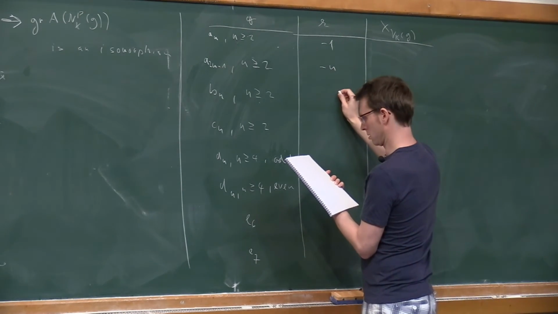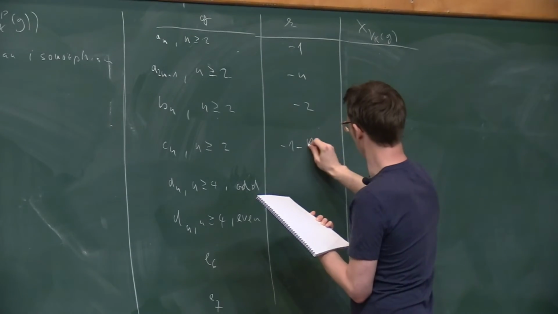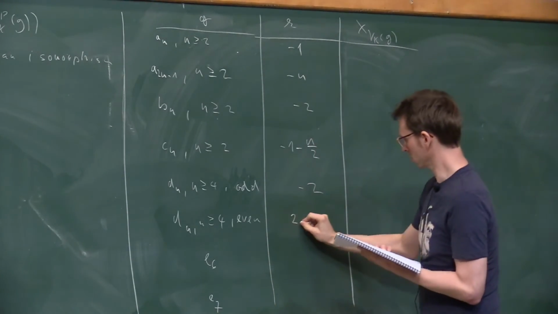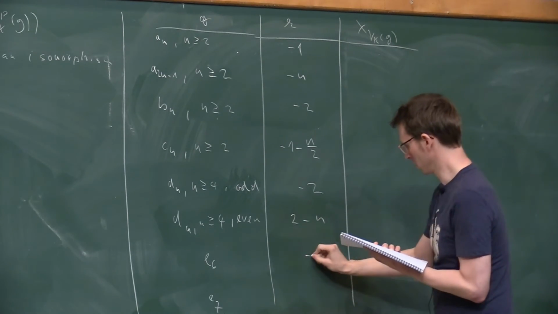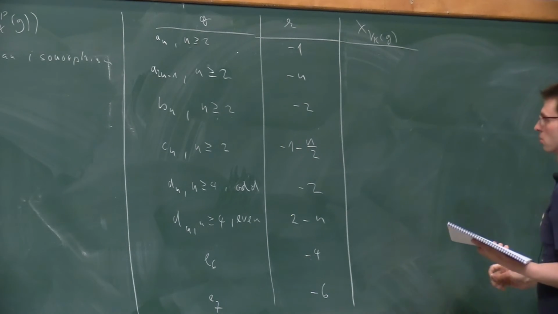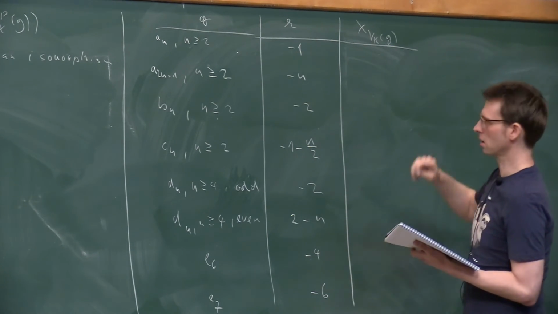The levels are minus n, minus 2, minus 1, minus n half, minus 2, minus n, minus 4 and minus 6. So all these levels are non-admissible, non-critical, non-generic.